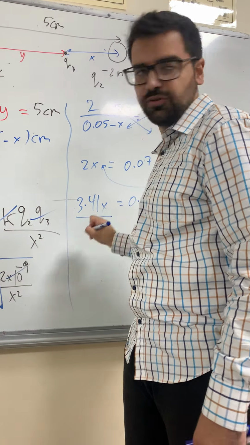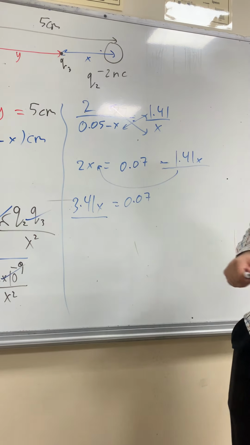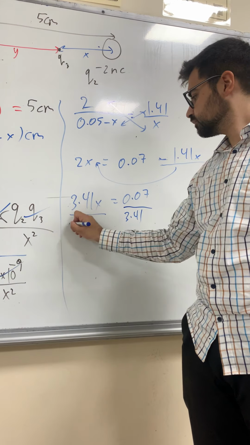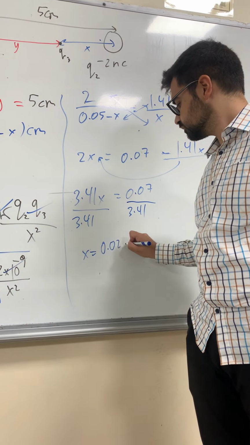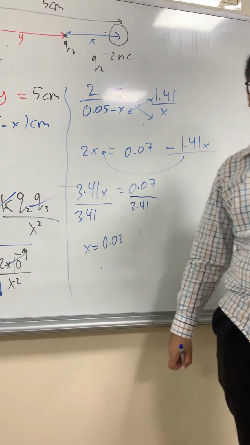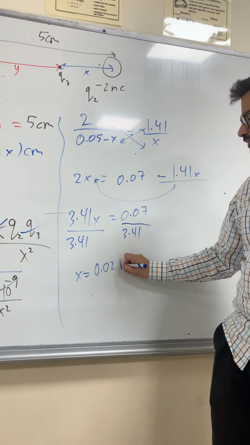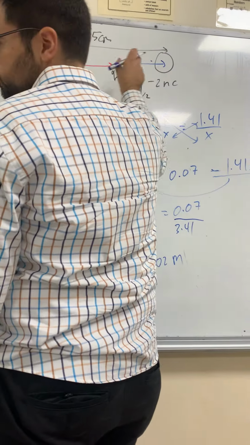Divide 0.07 by 3.41. 0.02. What's the unit? 0.02 meters, because we changed it from centimeters to meters. Or we can just say that it is 2 centimeters away from this one.